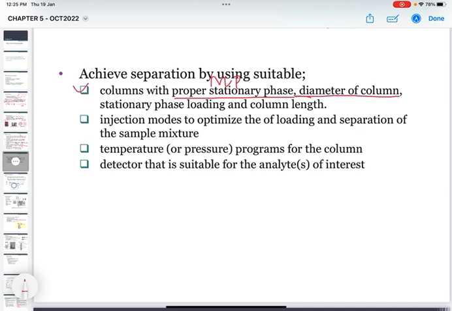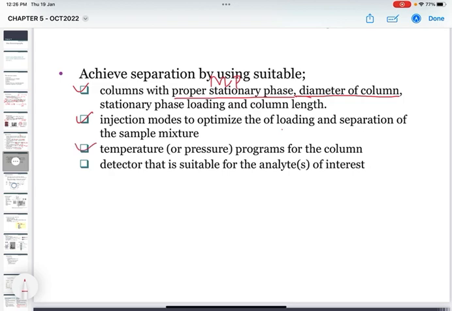Then injection modes must be optimized to get good separation. If you still remember the general elution problem, if overloaded, if we inject too much sample, it is also not good. That's why we have to be concerned with our injection of the sample into the instrument.